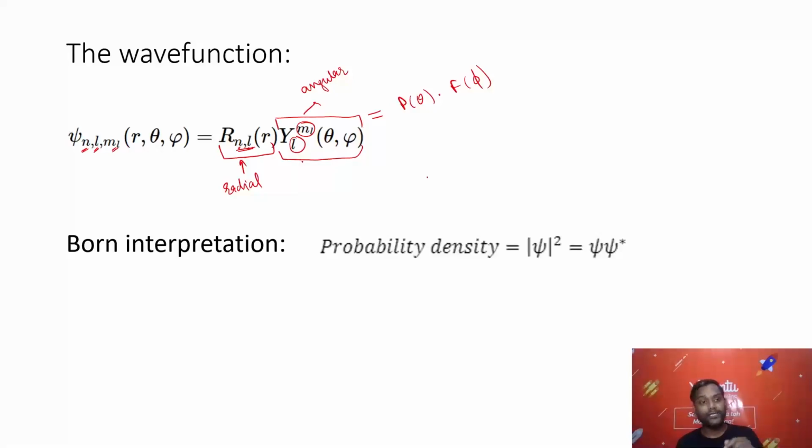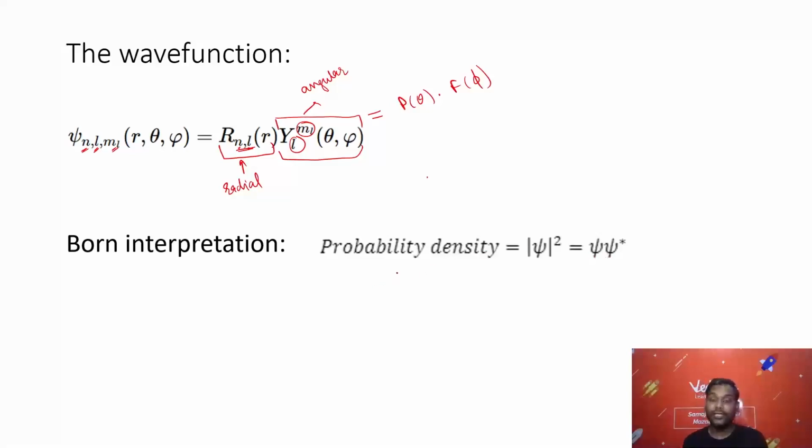But psi square represents the probability of finding the electron at a point in a small section of space. So psi square, which is known as the probability density, is proportional to the probability at a given point in space. The psi square is also written as a multiple of psi and its conjugate psi star, in case it is imaginary. If it is real, then both would be the same, it won't make any difference.